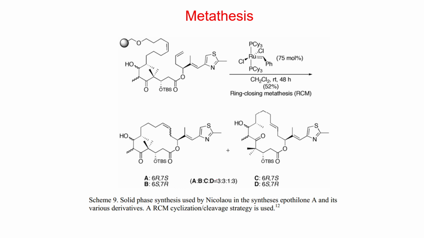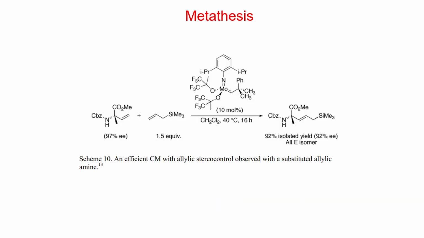This is another example of that, and this was used by Nicolaou for synthesis of this particular molecule. For this one, this is the example of normal cross metathesis to make this particular cross metathesis product, and they have got up to 92%.